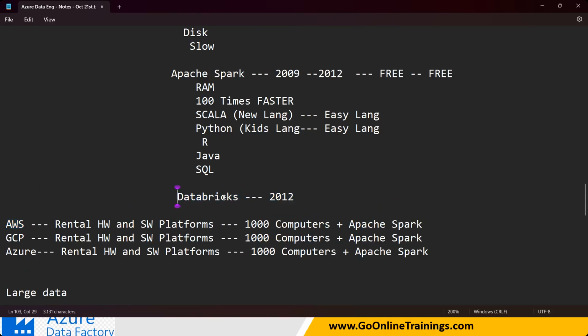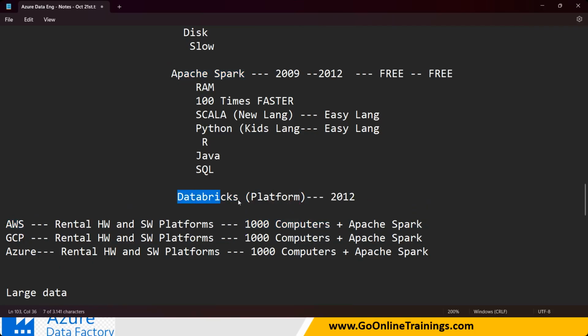And Databricks is a software. What is Databricks? It is a software, or you can say it can be a software platform. What it is going to do is go to the AWS company. It will take machines, hardware, and all, Apache Spark, everything.